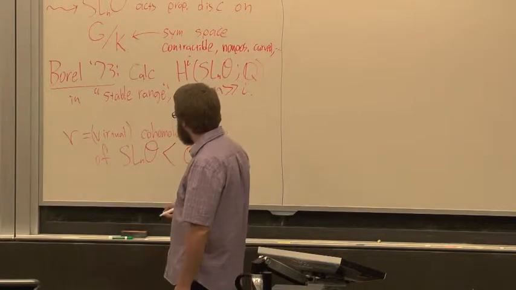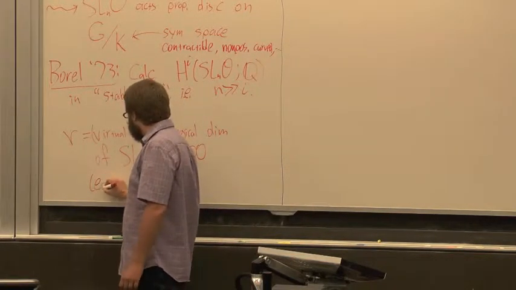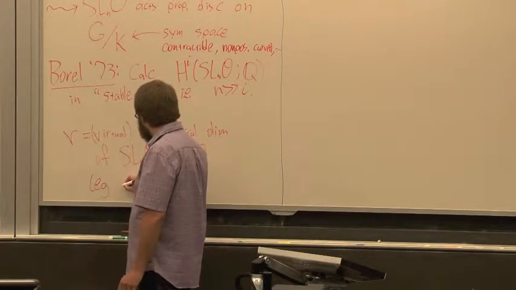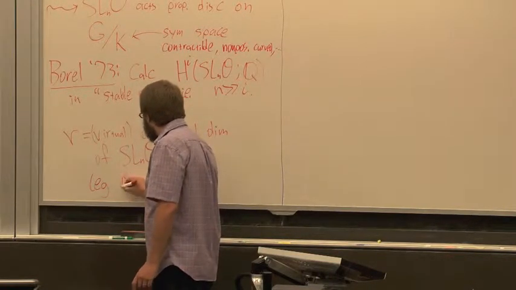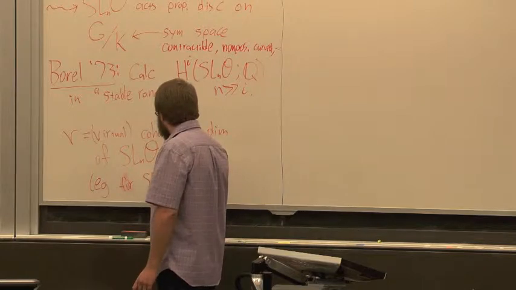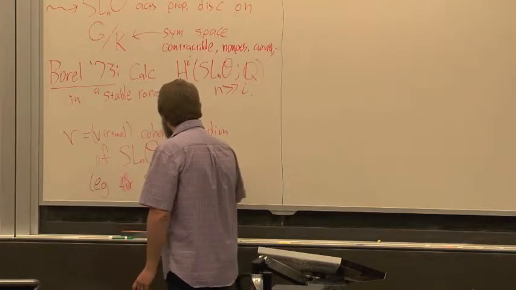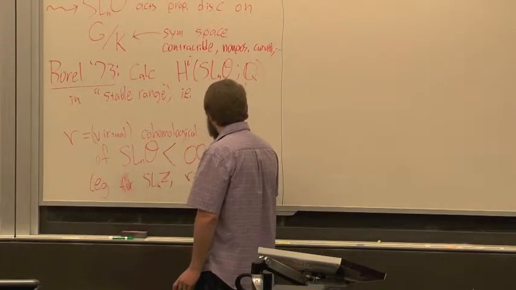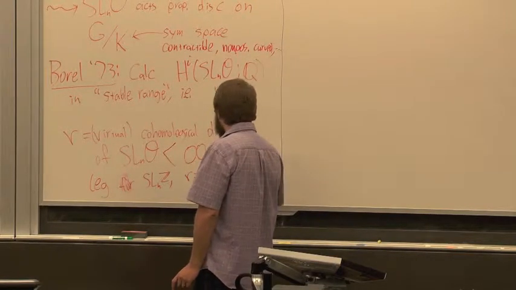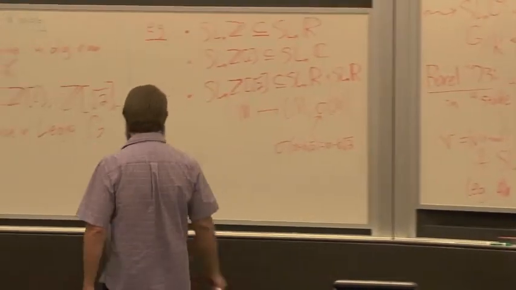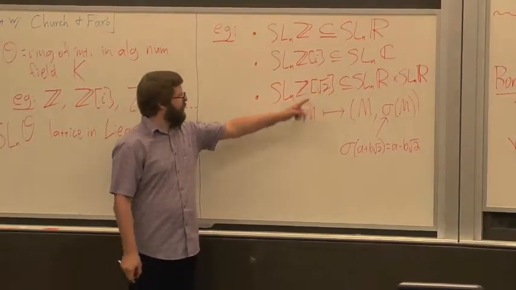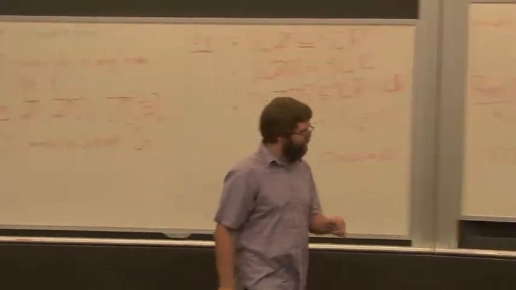You can write down a formula for it, so for SL_n Z, we have that ν would be equal to, you can do a little calculation, n choose 2. Okay, and you can write down a formula in general just from the number of real and complex embeddings of your ring of integers.